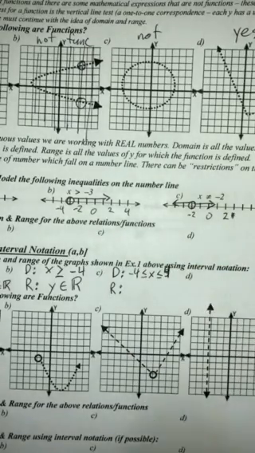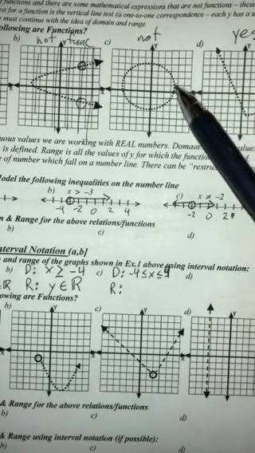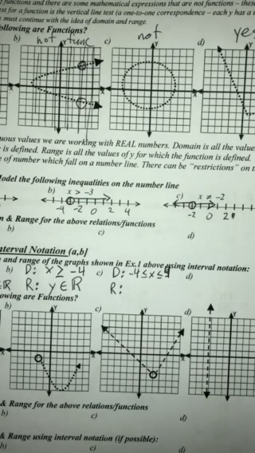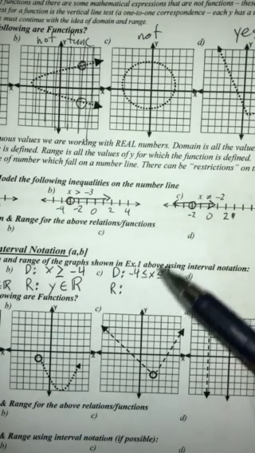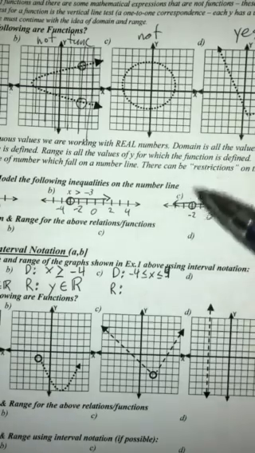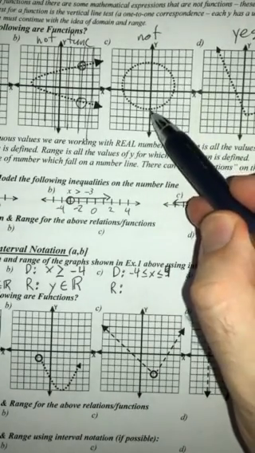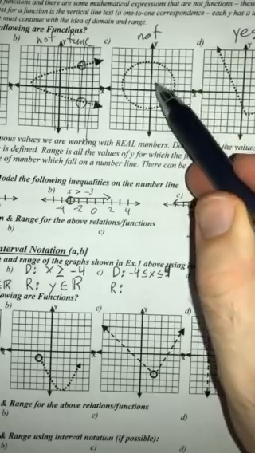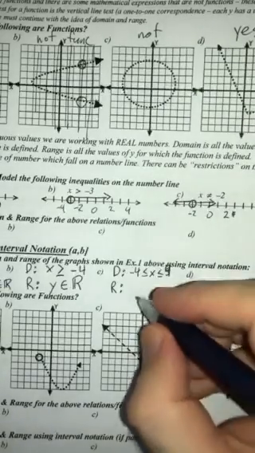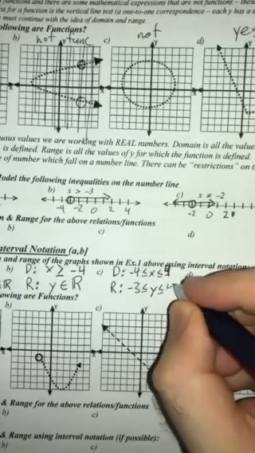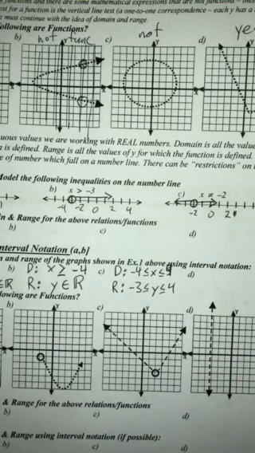I'll make sure on the test it's bumped up where it should be, but this should be at 4. The circle's a little bit shifted, but it should be an even one there. Don't worry, I'll make sure on the actual graphs that you get, it'll be very straightforward. And then for the Y, we start down here at -3 and go up to 1, 2, 3, 4. So Y is from -3 to +4, and so on and so forth.